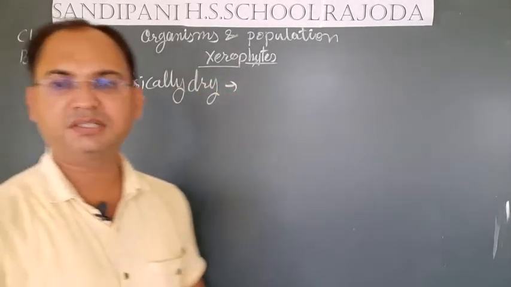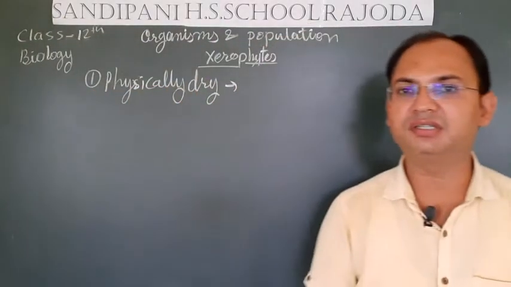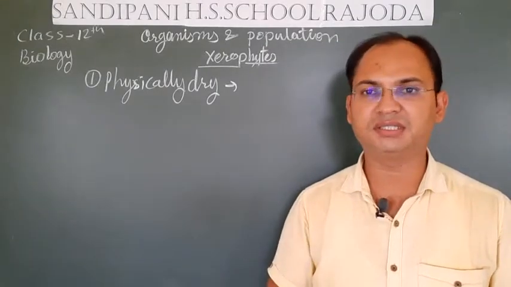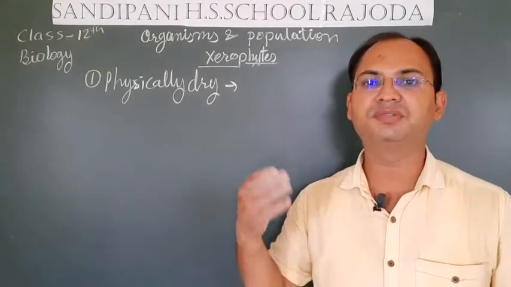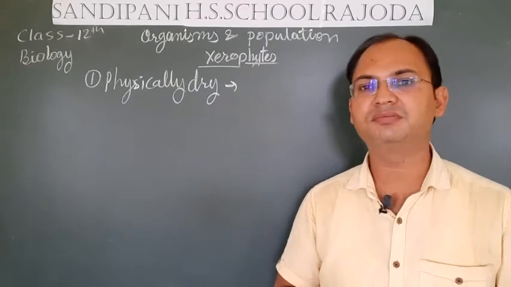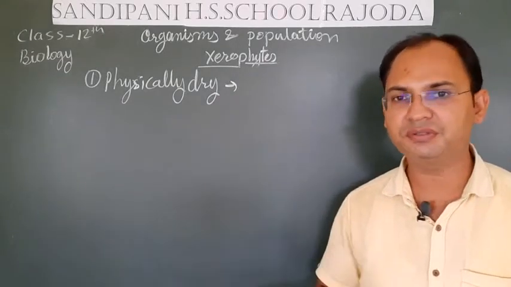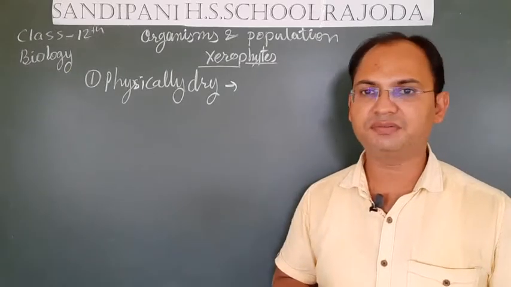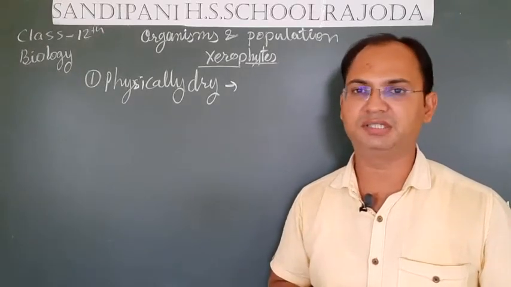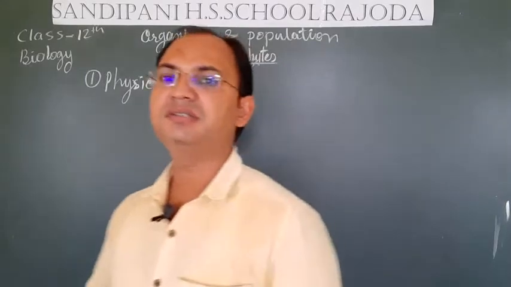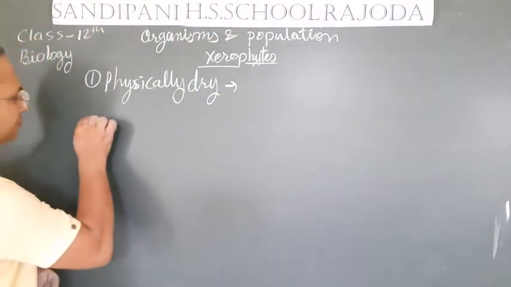A physically dry habitat is a habitat in which there is no availability of water, due to high temperature, low rainfall, sandy soil, or any of the reasons we have seen before; there is scarcity of water. The second one is physiologically dry.